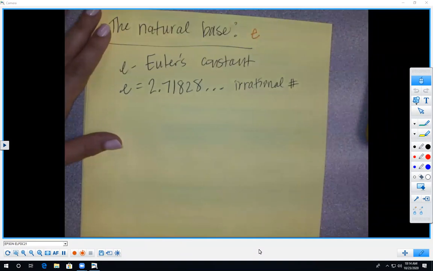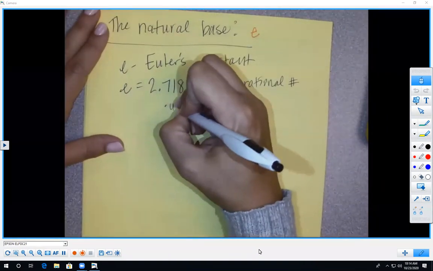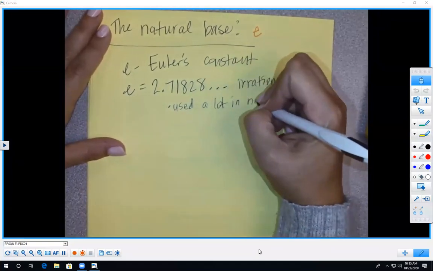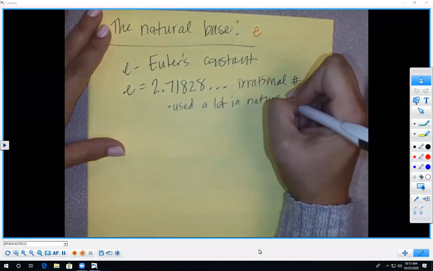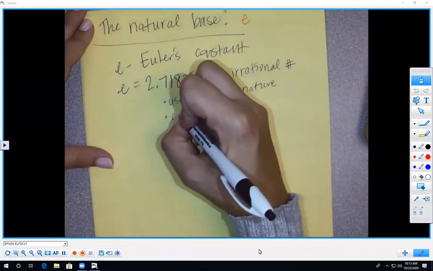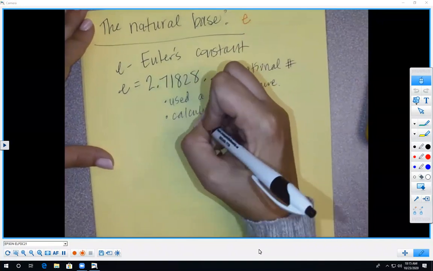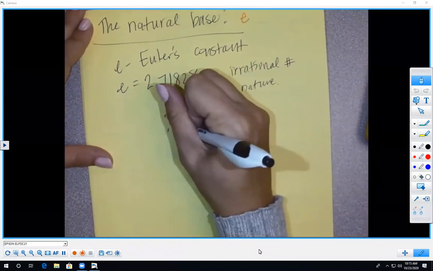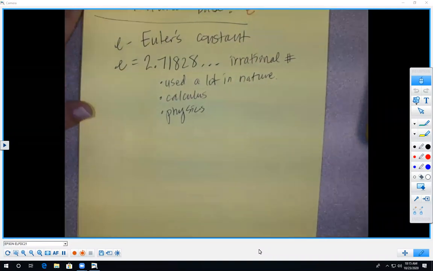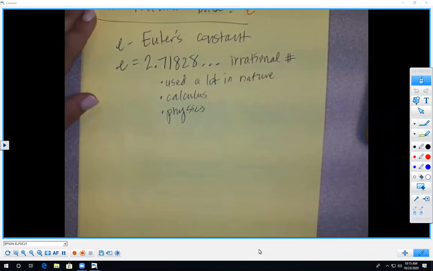This constant is used a lot in nature. It's also used a lot in calculus and physics. So if you're going to be spending any amount of time in a science field or a math field, you will get very familiar with this constant.